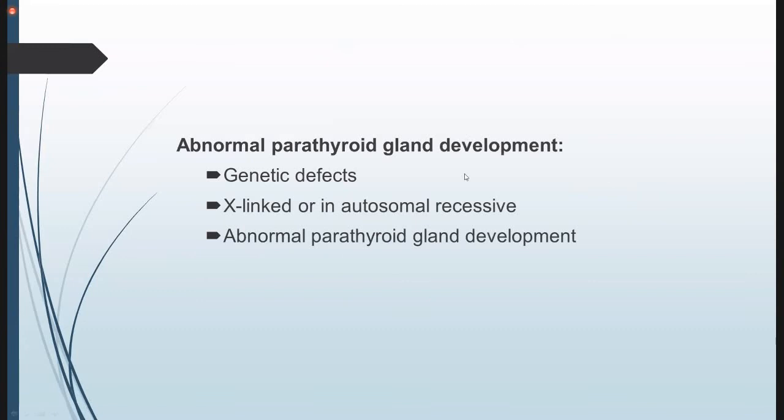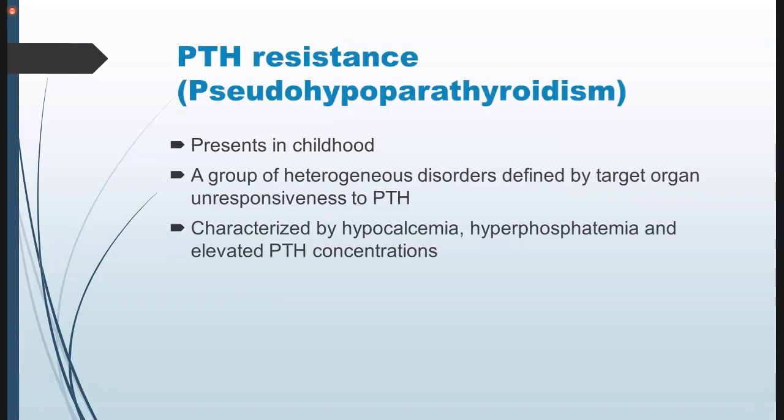Then abnormal parathyroid gland development, as I told you, can be by birth and can be due to genetic defects, can be X-linked or autosomal recessive disorder, or the parathyroid glands have not developed at all, have not descended to their normal position, or have been destroyed. A condition which is called PTH resistance or pseudohypoparathyroidism presents in childhood. The patient presents with short stature, unable to grow in height.